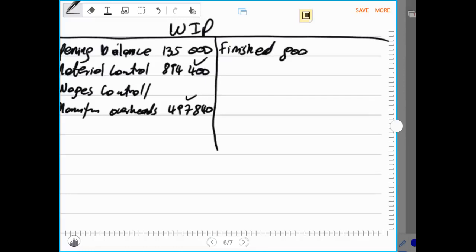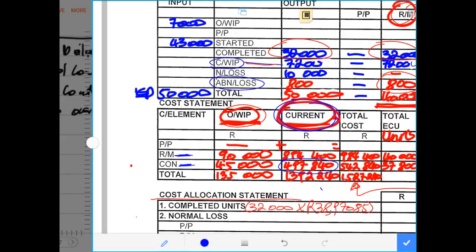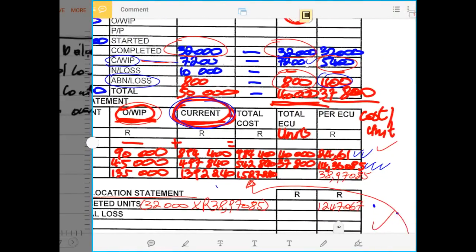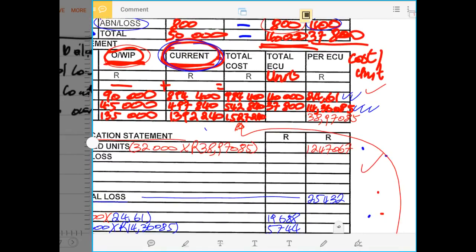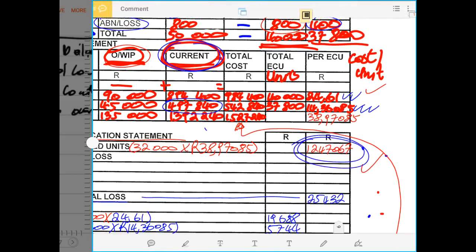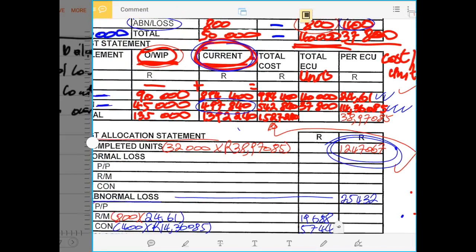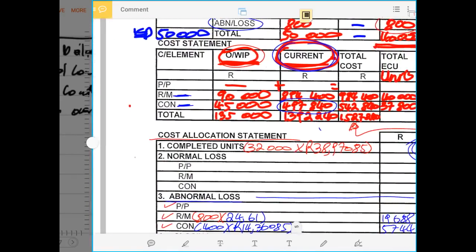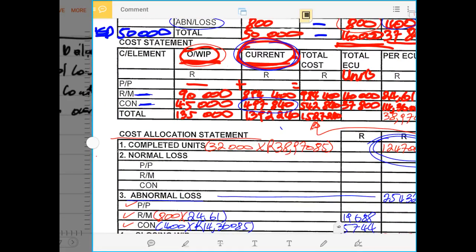Finished goods. And we have seen from the allocation statement that the goods that were finished amounted to how much? Completed units, 1,247,067. Those will be the completed units. And we know that completed units are finished goods.